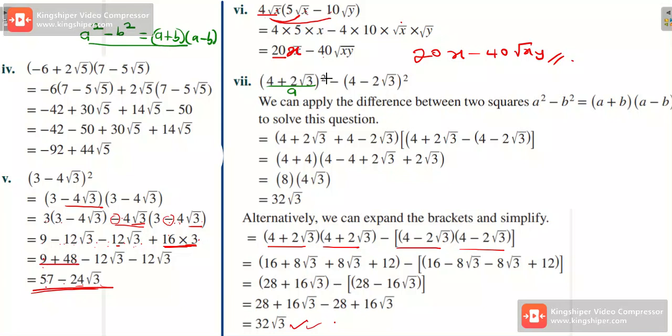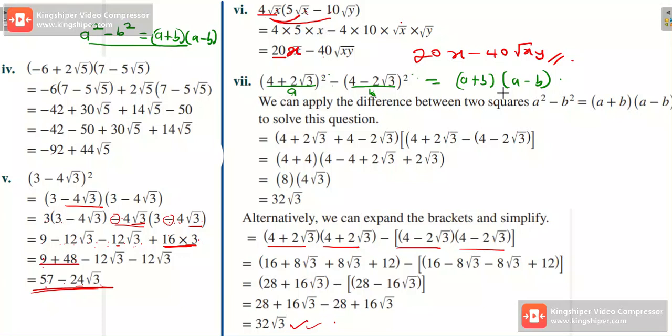So we have a squared here. And let this whole expression be b. So we have b squared here. So we are getting a squared minus b squared, which is just the same as this. And once we know this, its factorization or its expansion is going to be a plus b, then a minus b. So let's do that.